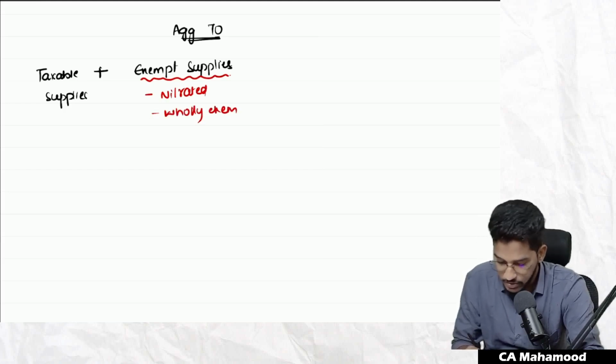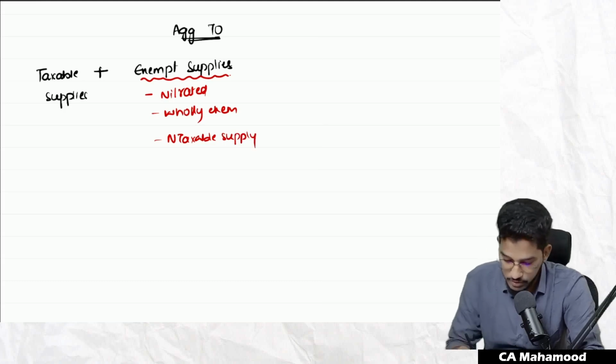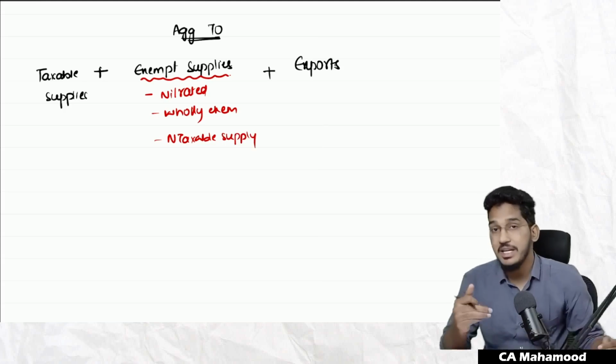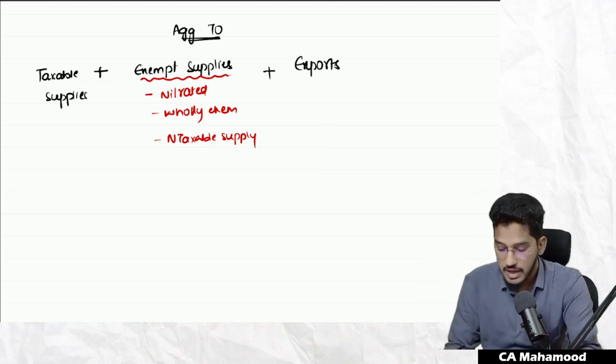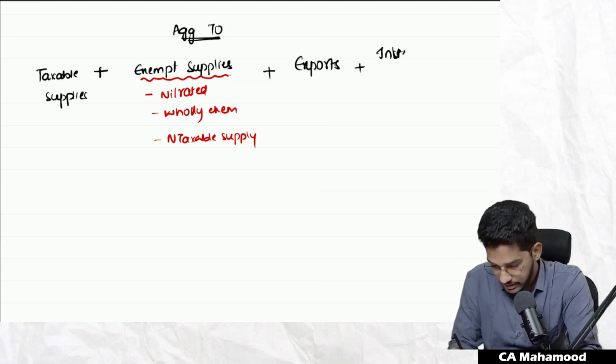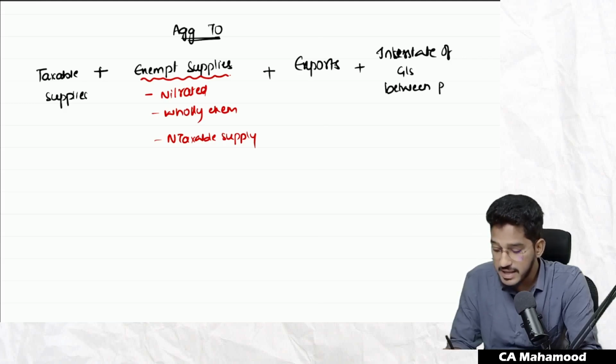It includes even non-taxable supply. So everything will be included in the exempt supply. All these three you have to add. To this, you have to add exports. If you are making any export of goods or export of services, those exports also you have to add. To that, you should also add interstate supply of goods or services between the persons having the same PAN.